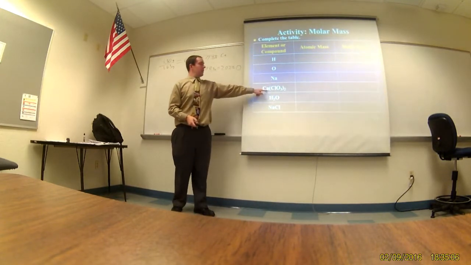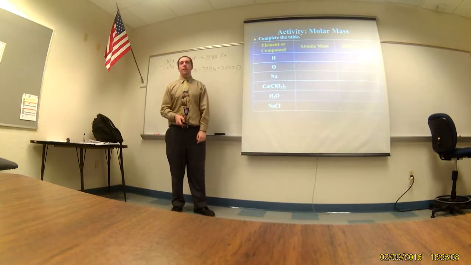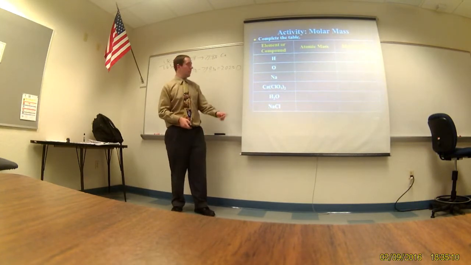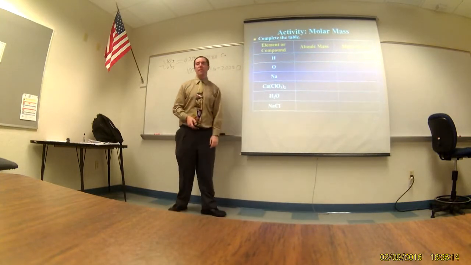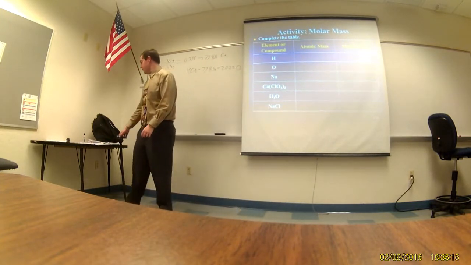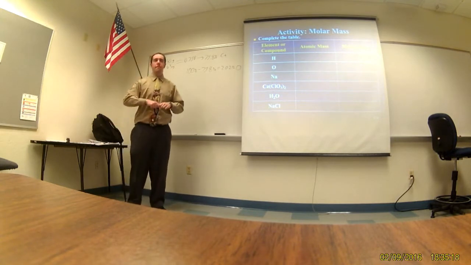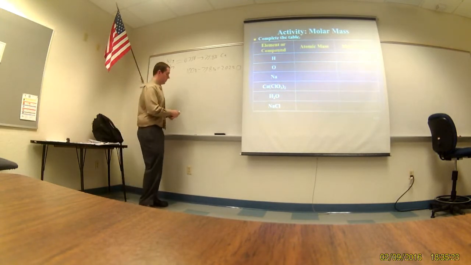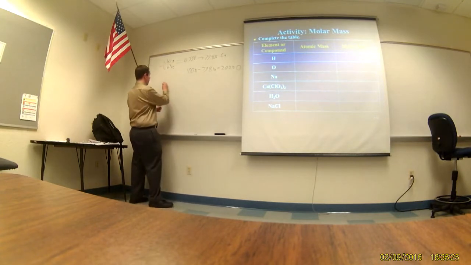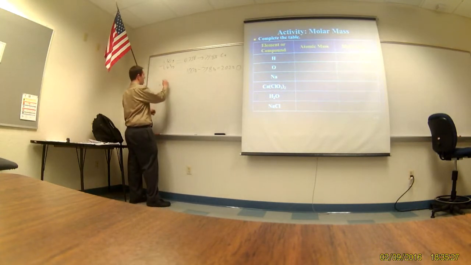Here's a bigger one. That's calcium chlorate. How are you going to find the atomic mass of that? You have to find the atomic mass for calcium. Calcium is 40. How many are there? 1.